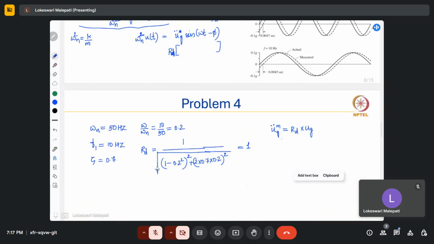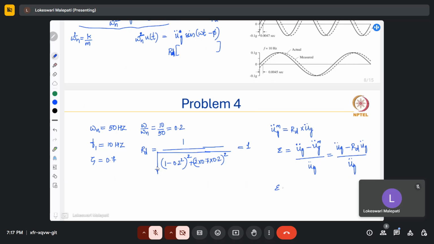The error can be calculated as actual acceleration minus measured acceleration divided by the actual acceleration. So this would be equal to UG double dot minus RD times UG double dot, divided by, sorry, we can take the ratio with respect to the actual UG double dot.